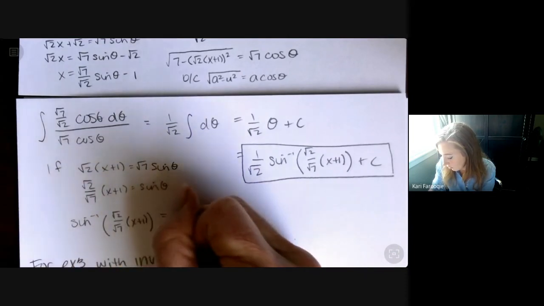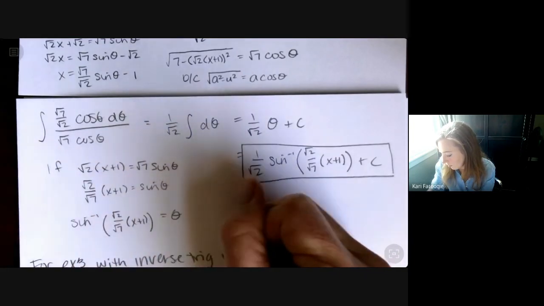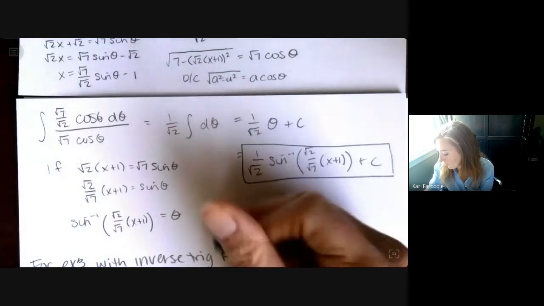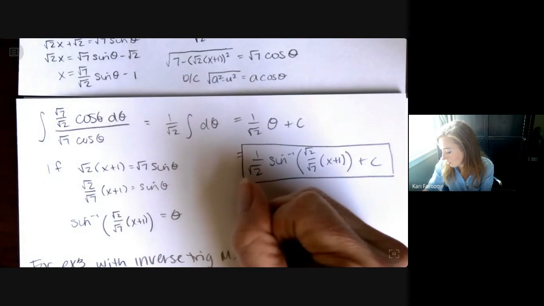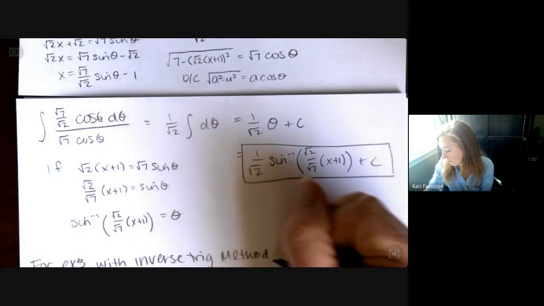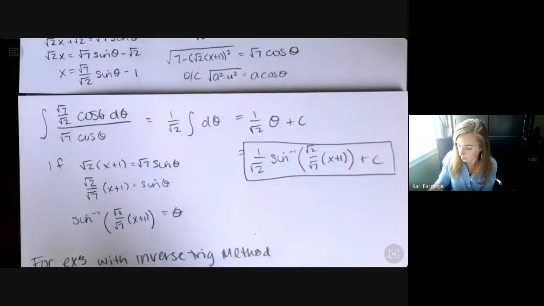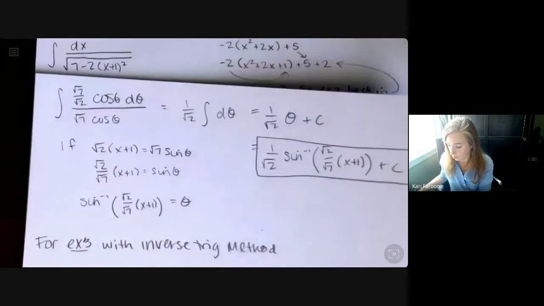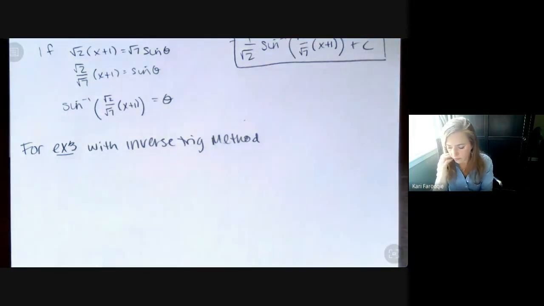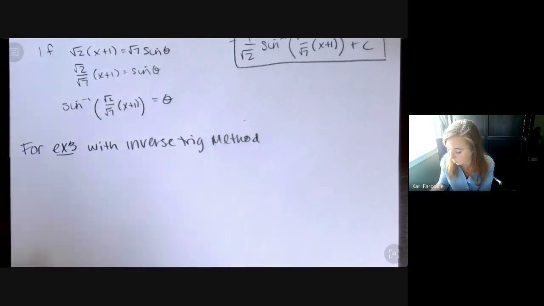With an inverse trig function, it's the inverse trig method. Let's say take your original after we've completed the square, because we do need it to be in the form of the square root of a squared minus u squared.